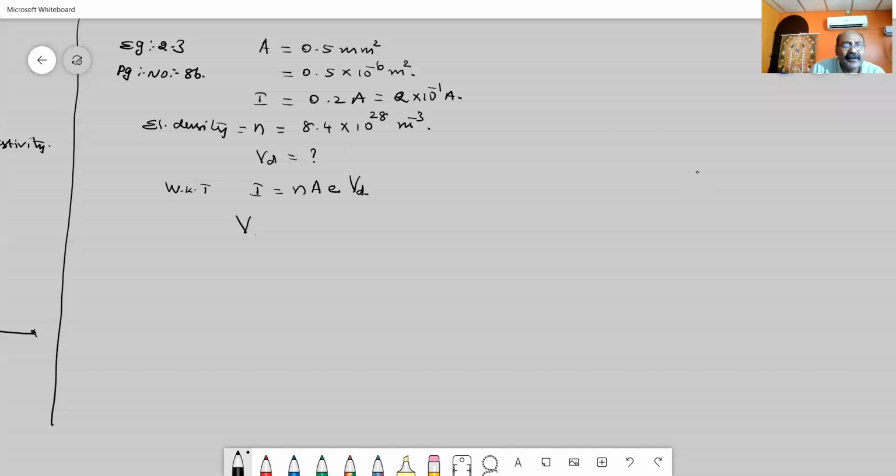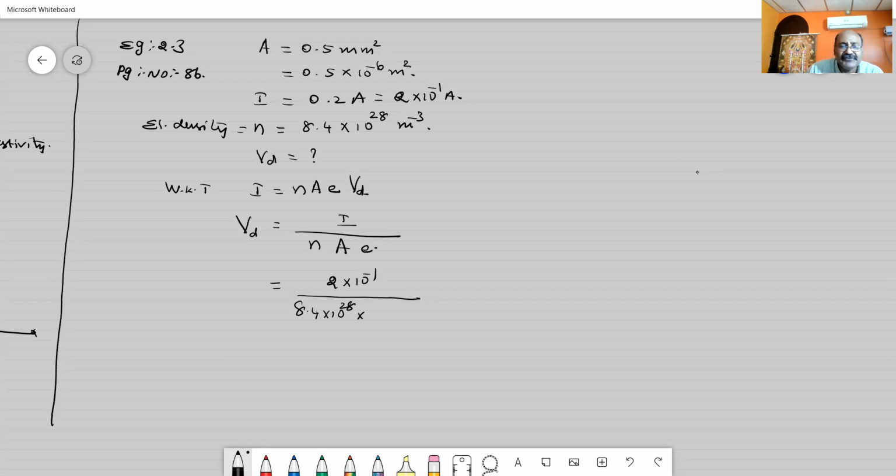From this, V suffix d is I divided by n A e. Substituting for current I, it is 2 into 10 to the power of minus 1 divided by n, 8.4 into 10 to the power of 28, area 0.5, or 5 into 10 to the power of minus 7, charge of the electron 1.6 into 10 to the power of minus 19.